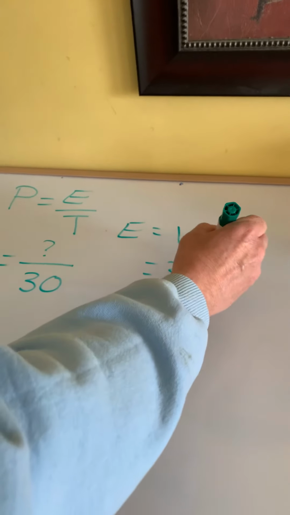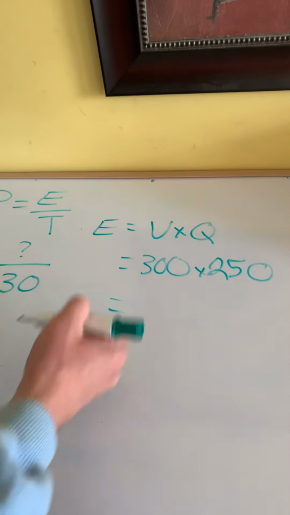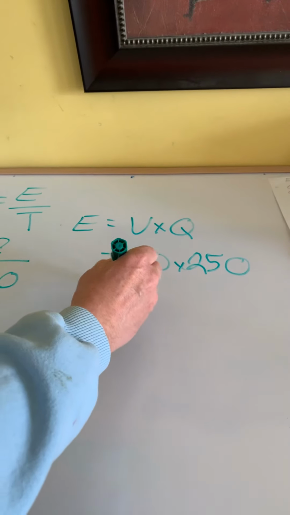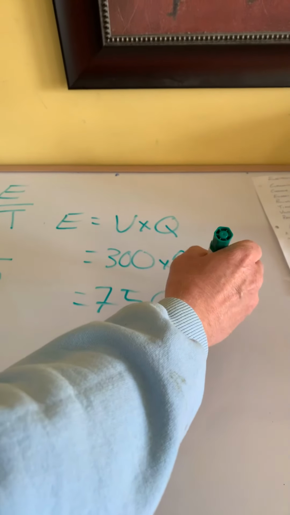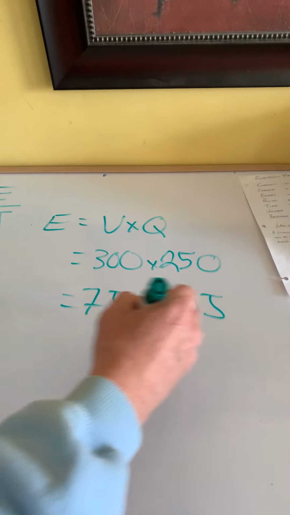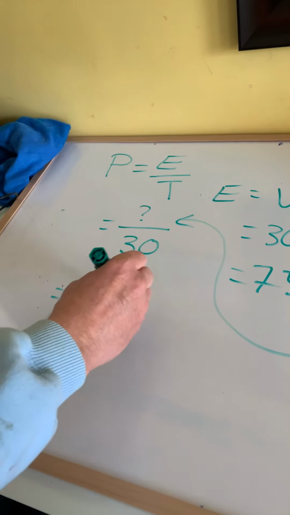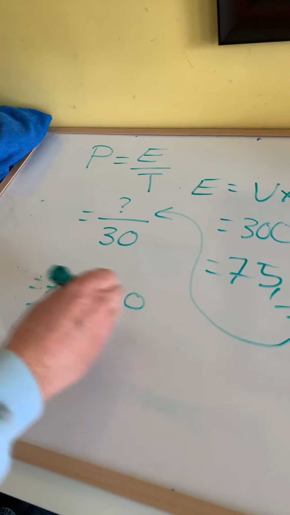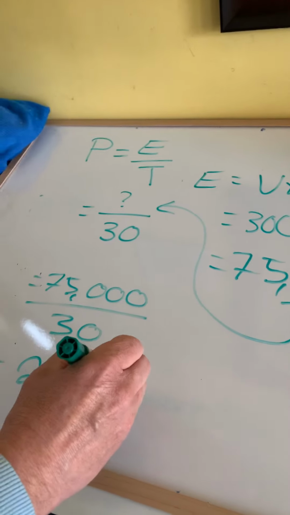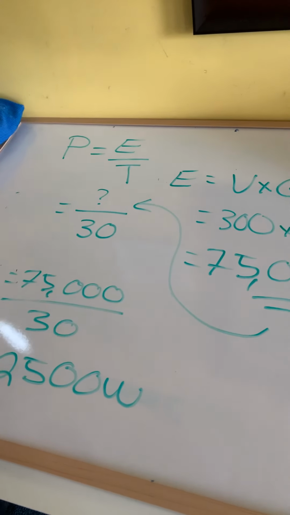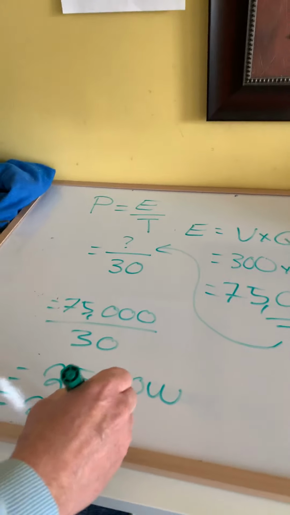And we're given 300 volts and a charge of 250 coulombs. 300 times 250. Very good, Ia. You did that in your head, I'm sure. 75,000 joules. That goes back in there. 75,000 divided by 30 equals 2,500 watts, or as you guys have heard us talk about kilowatts before, it would be 2.5 kilowatts.